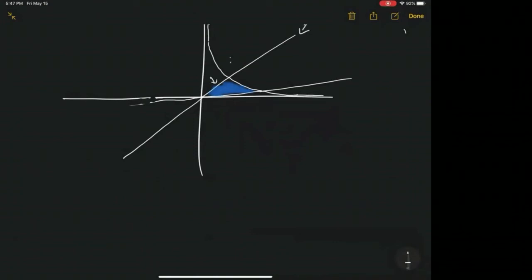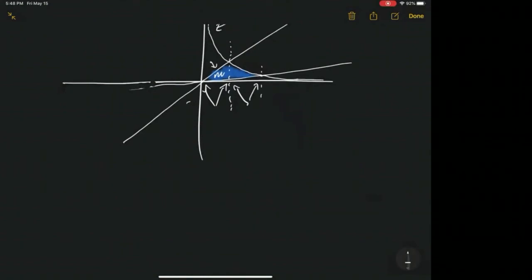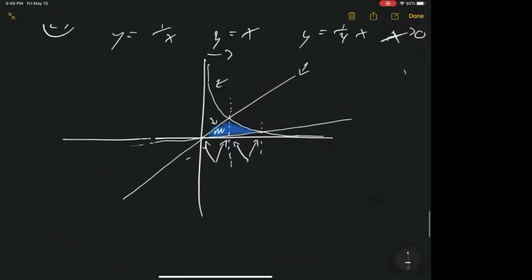Up until I get to this dotted line, then this 1 over x is my top curve, right? So basically I need to integrate this left piece from here to there, and then I need to integrate this right piece with the other curves from here to here. So I need to find these intersection points.